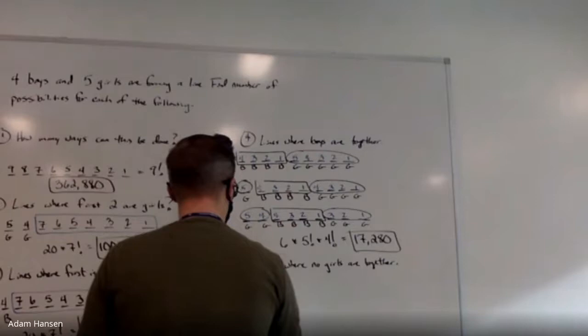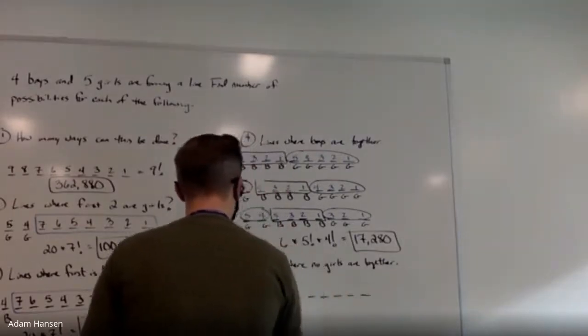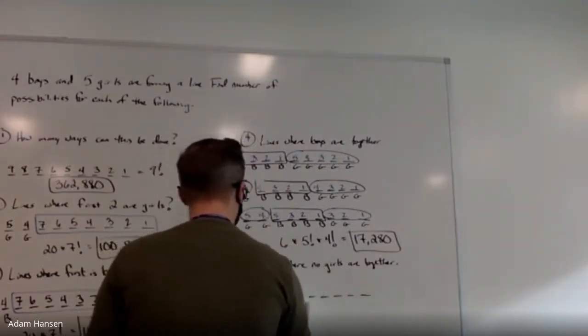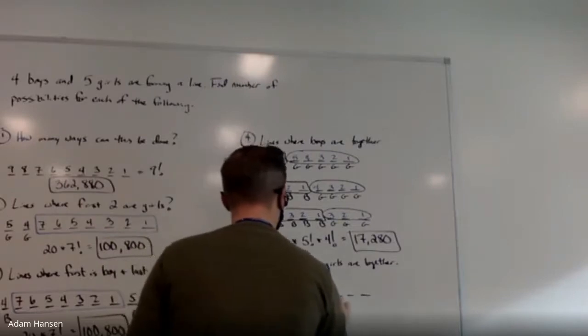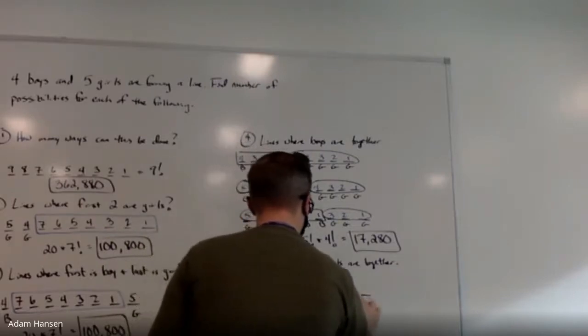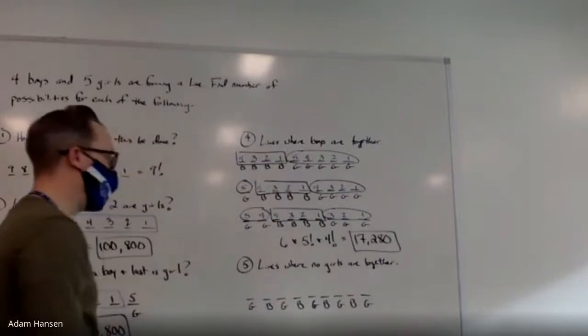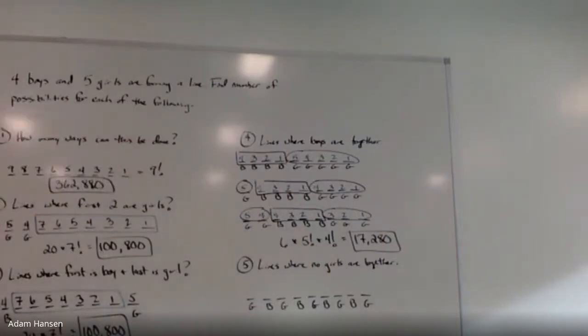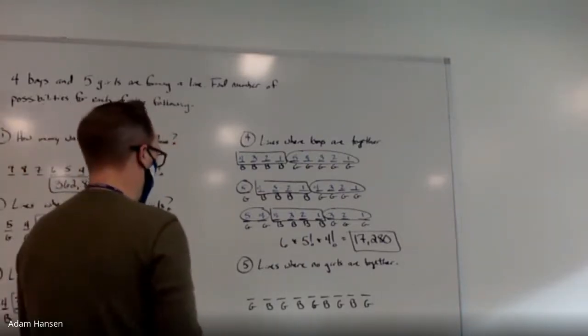So if I diagram this out, it's got to go girl, boy, girl, boy, girl, boy, girl, boy, girl. Now I've got 5 girls and 4 boys.